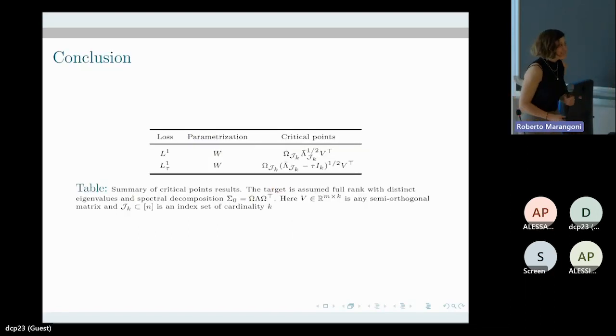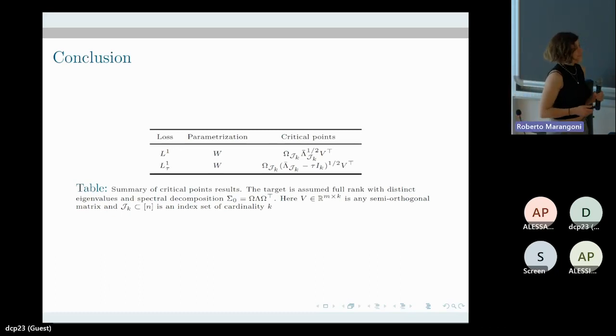Finally, I want to summarize. When we have the original loss function and we use the parameterization of these end-to-end matrices, the critical points are exactly the highest rank, where J_K indicates the index of the cardinality, and it's the exact K highest eigenvalues.